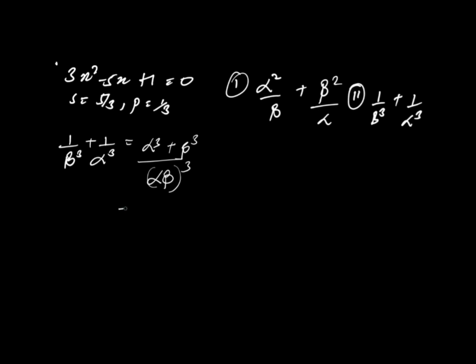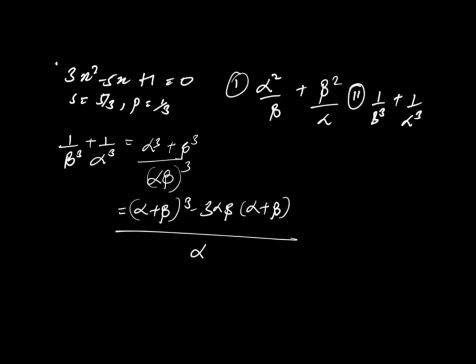And therefore this would be equals to alpha plus beta cubed minus 3 alpha beta into alpha plus beta all over alpha beta cubed.